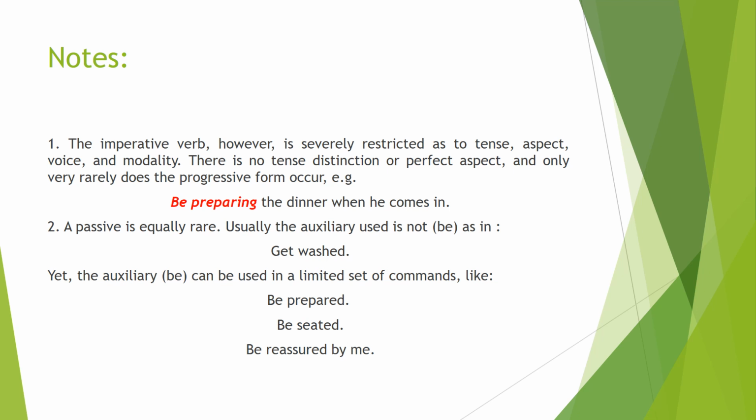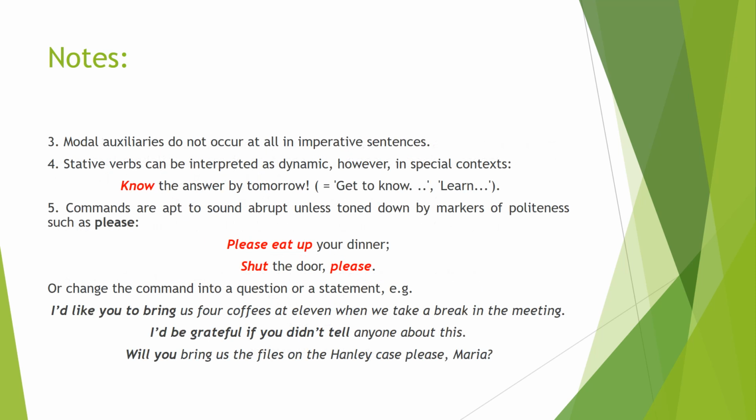So only in these three commands can we use the verb "be" as an auxiliary to make the command passive. Number three, modal auxiliaries do not occur at all in imperative sentences. There is no can, must, may, might, could; no modal auxiliary whatever can be used in making a command in English.